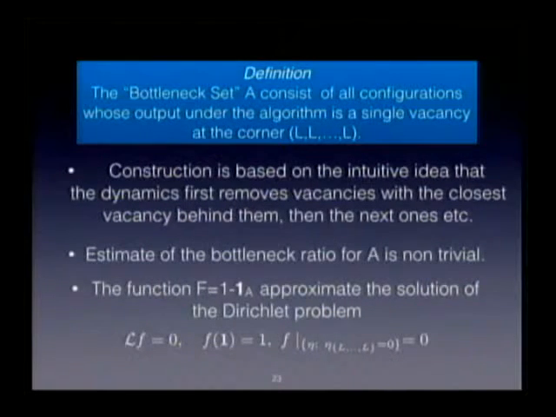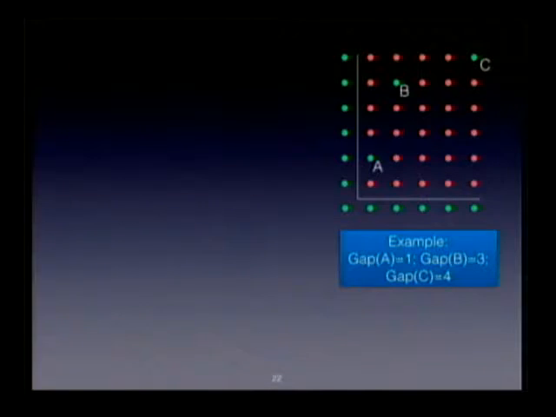Now, the construction is not completely out of the blue, but is based on the following intuitive idea. If you run the dynamics starting from this configuration, where q, the density of the green guys, is very small, you try to eliminate green guys.